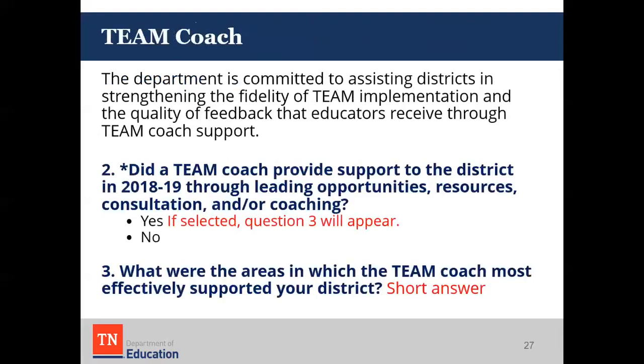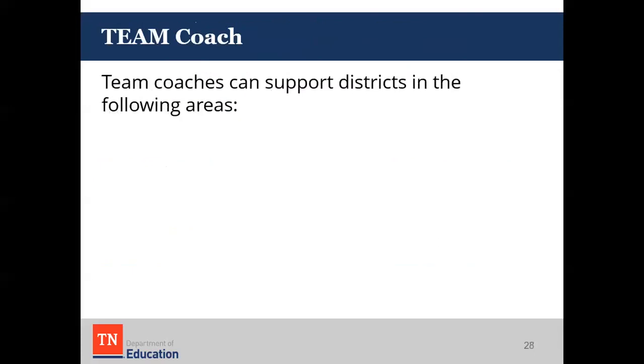We are definitely looking to learn about the team coach support from previous school years. So this question will ask if a team coach provided support through leading learning opportunities, resources, consultation, consulting. So please, if you've had team coach support in the past, we would love to hear about that support and the areas in which they effectively supported your district.